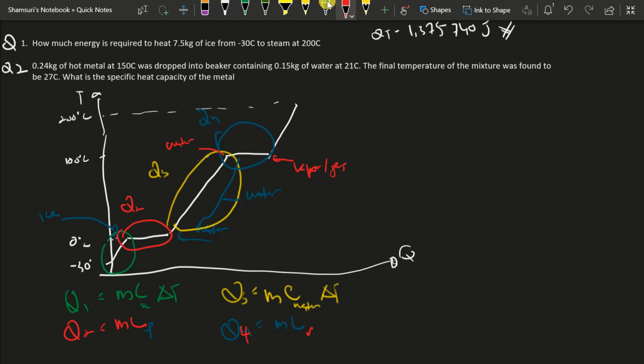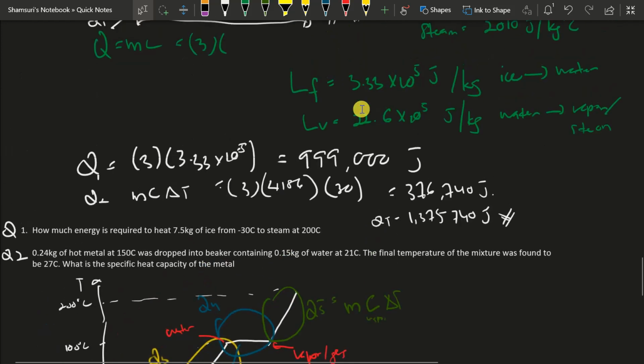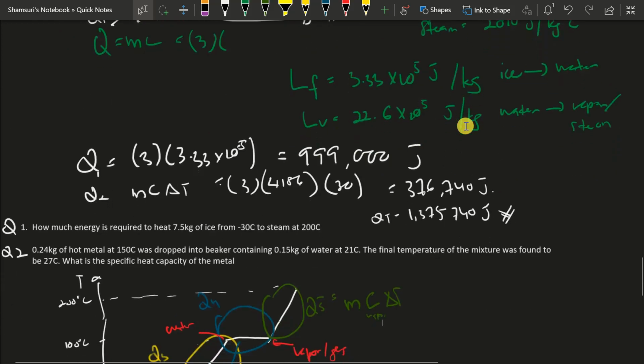And the last one, maybe we can use green color. The green here is Q5, which is the mass times c and delta T. The c here is c of vapor, or c of steam, whatever.